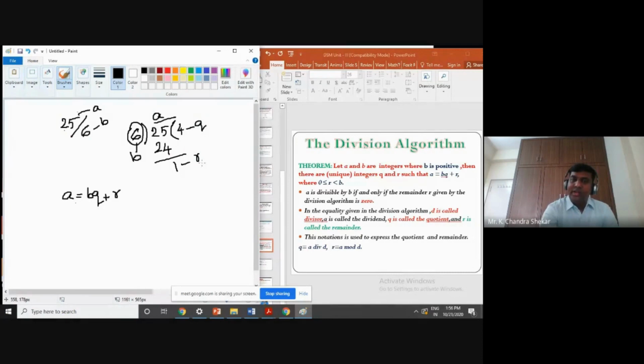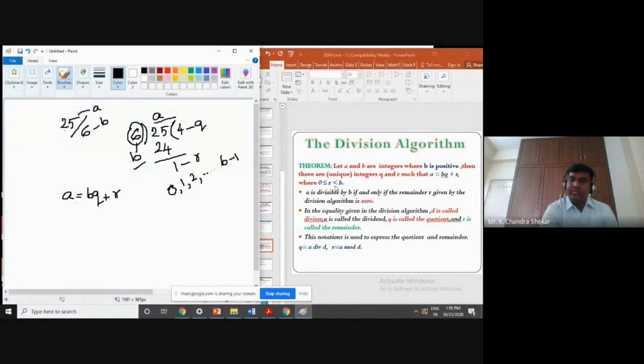So what will be the value of the remainder? If it is exactly divided, you'll have a remainder 0. Otherwise, you'll have a remainder 1 or 2, at most B minus 1. Because if the remainder is B, it will be exactly divided again so that you get a remainder 0. So that's why R lies between 0 and less than B, not equal to B.